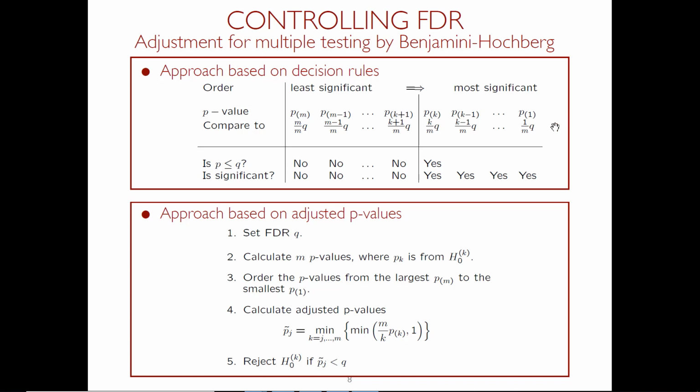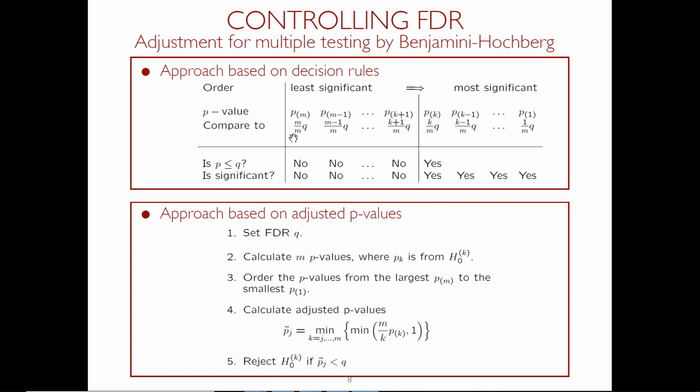So now Q is 10%, right, 0.1. This is our false discovery rate. The most significant one we compare to 10% divided by the number of proteins. This has to be really conservative. The least significant we will do without any adjustment, so we compare this p-value to 0.1. But everything in the middle will have this changing scale, right?